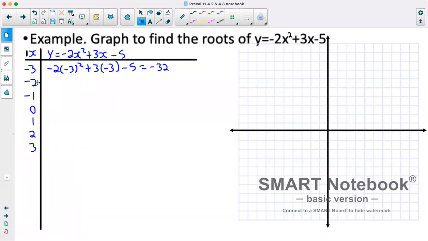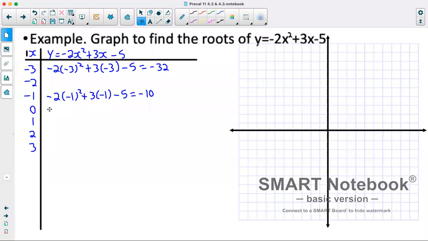So this is quite a ways off the graph. So I'd probably actually skip doing -2 and jump to -1. So I have -2 times -1 squared plus 3 times -1 minus 5. -1 squared is 1 times -2 is -2. And then we have minus 3. So that'd be -5 minus 5 is -10. So that will fit on our graph.